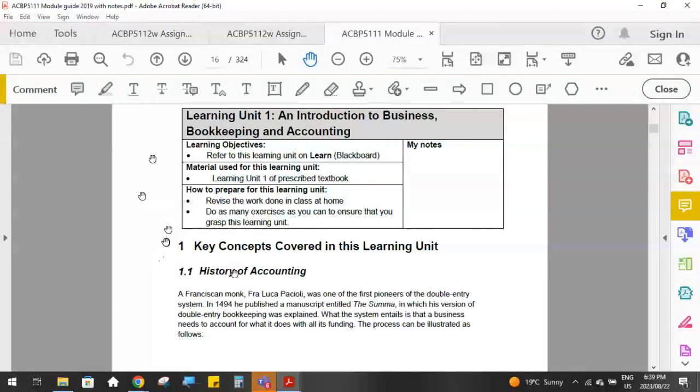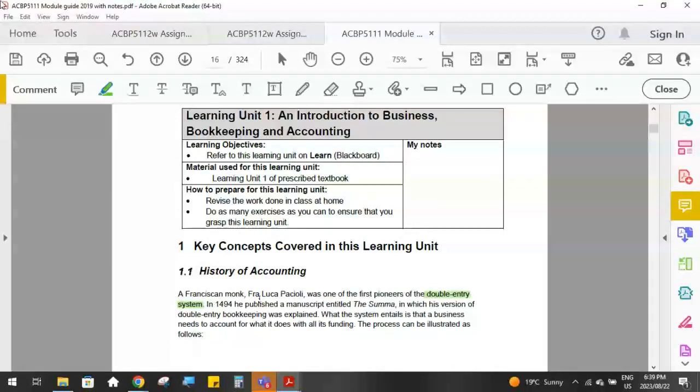Okay, so first of all, in terms of the history of accounting, all you need to remember here is that it is Pacioli who was the pioneer of the double entry system, and this is right from paragraph 1. You must understand that the whole recording process of accounting, because all accounting is the recording of transactions that have already taken place in a business.